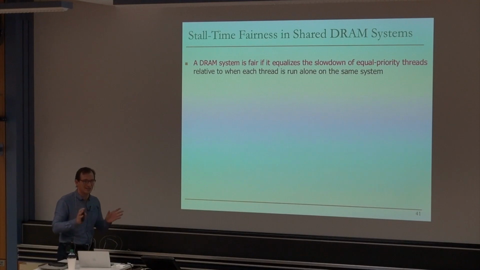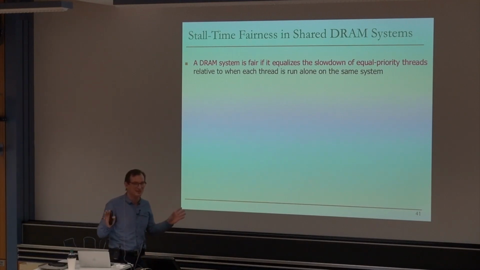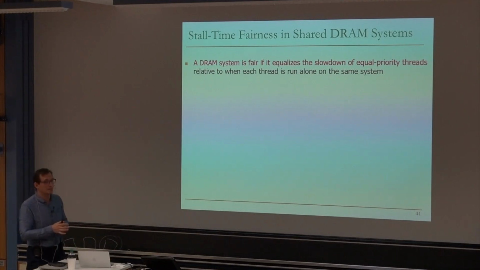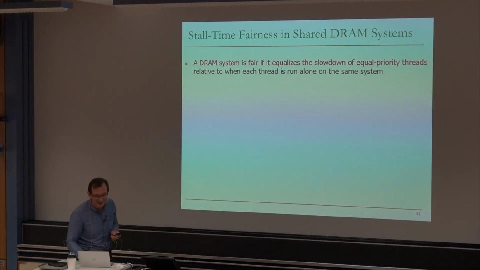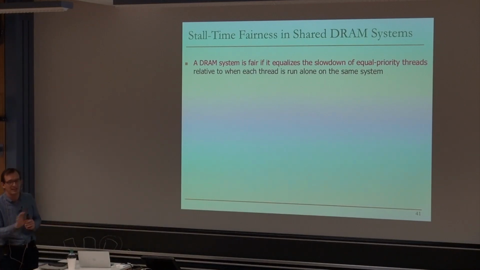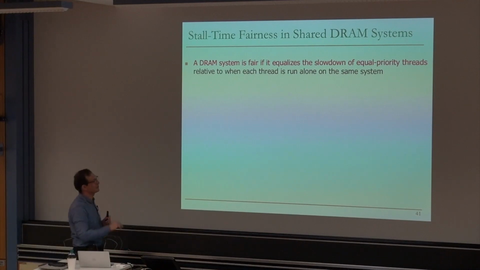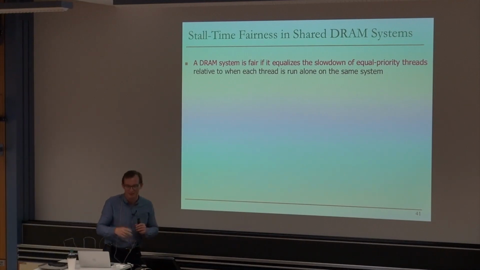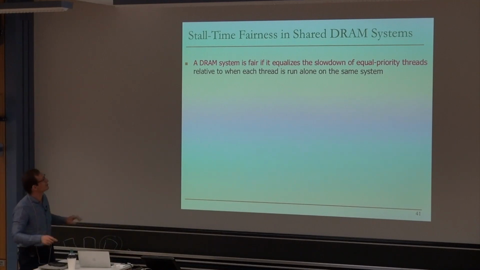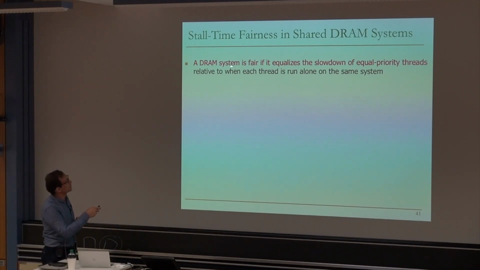It's a very interesting, very cool idea, I think, but this is not easy to implement in real hardware. So basically, let's go a little bit more into the definition. We define a DRAM system to be fair if it equalizes the slowdown of equal priority threads. Assume that these threads are equal priority. If they're not equal priority, then we're going to talk about that. Well, we may not have slides on that, but the paper definitely discusses that. Equal priority means equal slowdown. Of course, relative to when each thread is run alone on the same system.